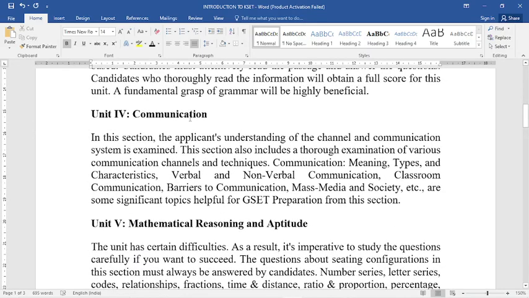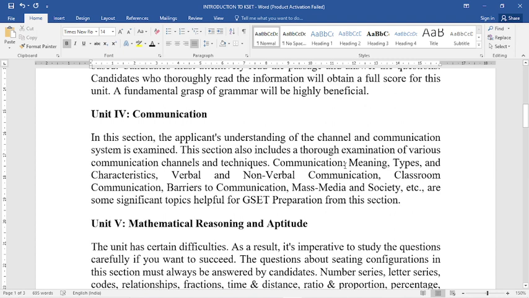In this also, there are going to be 5 questions covered in the KSET examination. In this section, the applicant's understanding of the channel and communication system is examined. This section also includes a thorough examination of various communication channels and techniques.